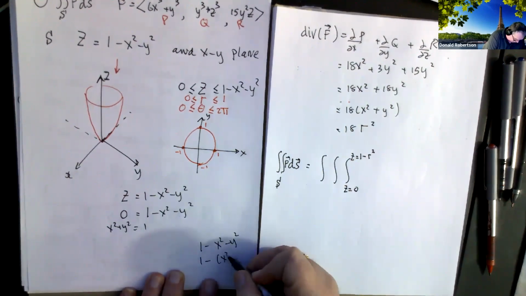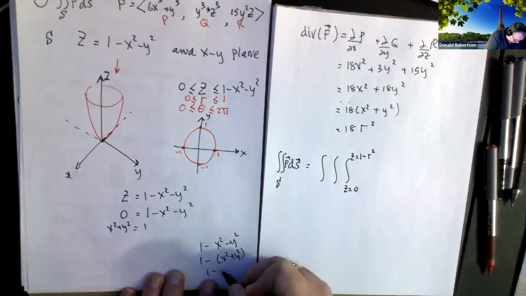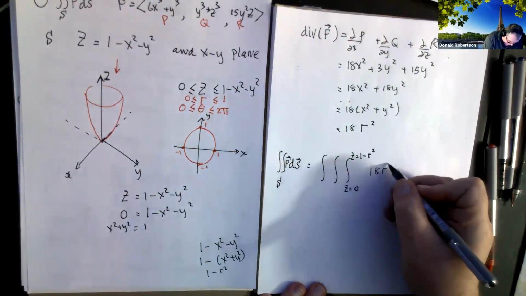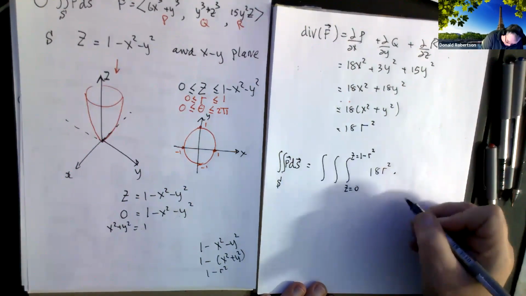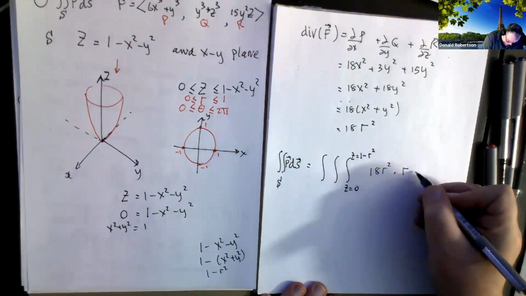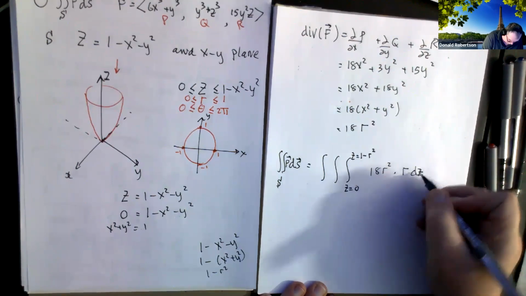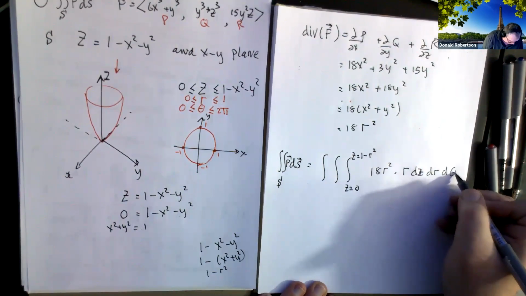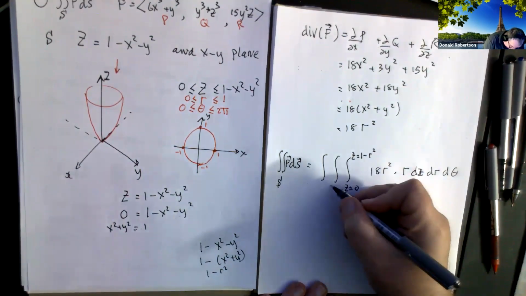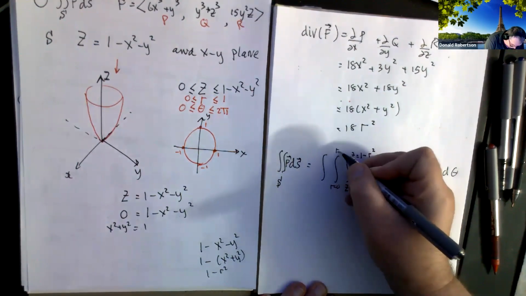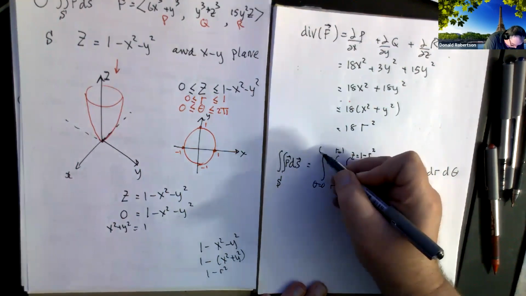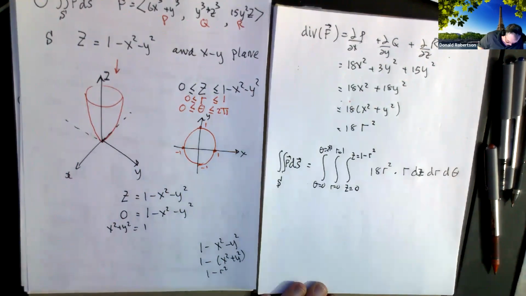It's a bit like doing this. That's all I'm doing, mate. Divergence, you're my friend. When you do cylindrical, it's r, right? Well, in this order, it's going to be z first, then I guess I'll do r, and then I guess I'll do theta. So r is going to be 0 to 1, and theta is going to be 0 to 2 pi.